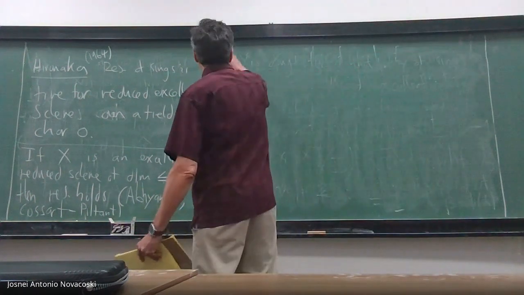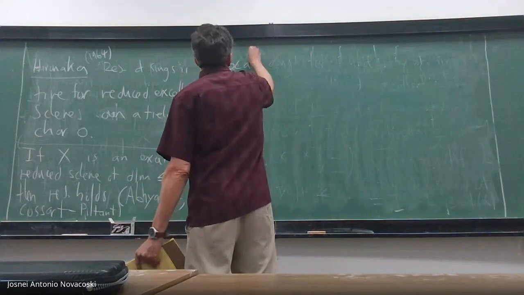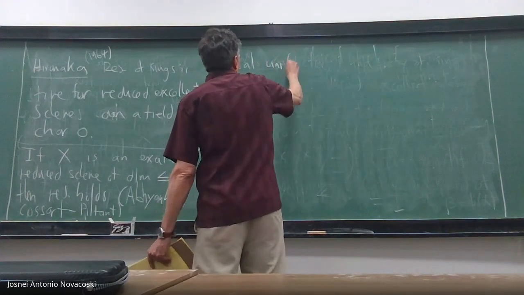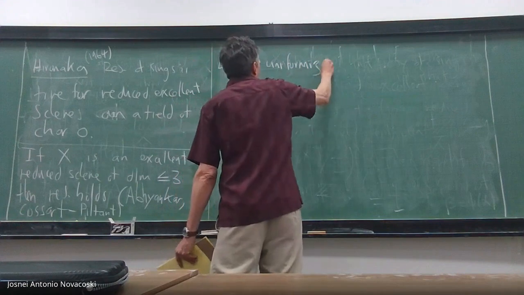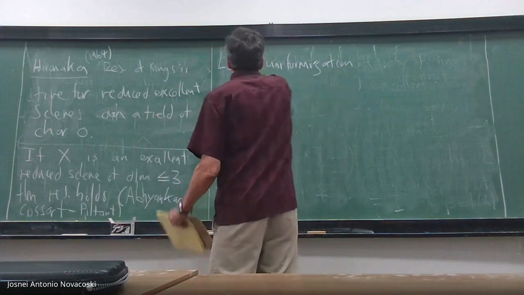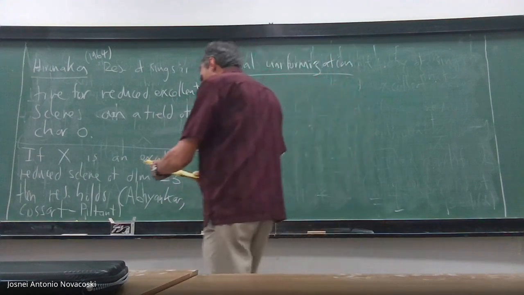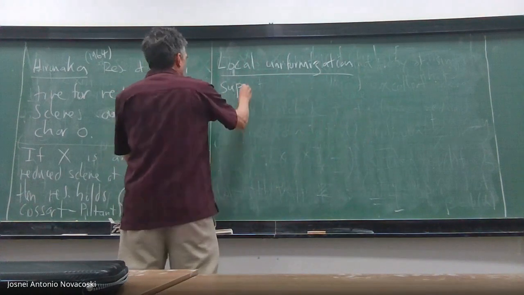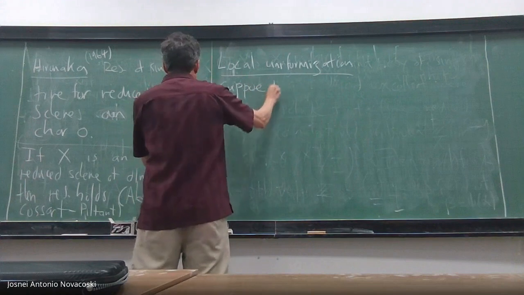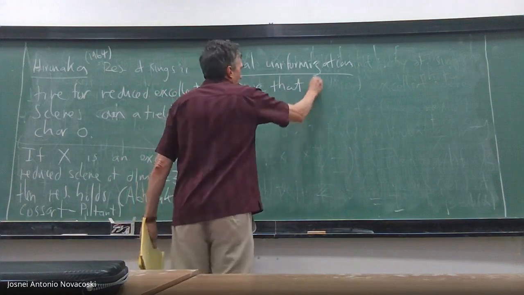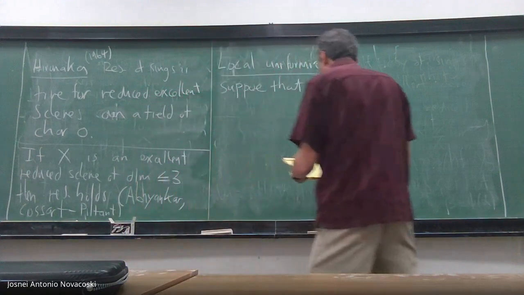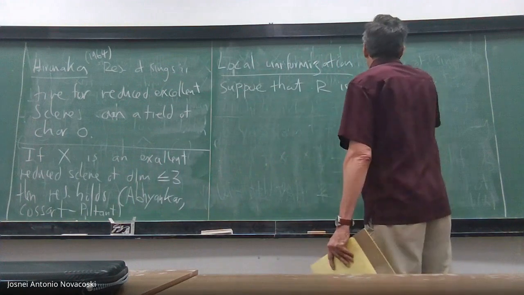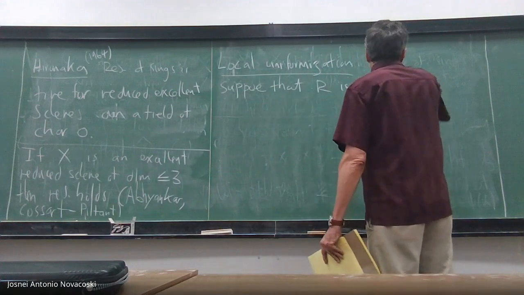Okay, so let's talk now about a related problem called local uniformization, which was in fact formulated by Zariski. So let's suppose that R is an excellent local domain.